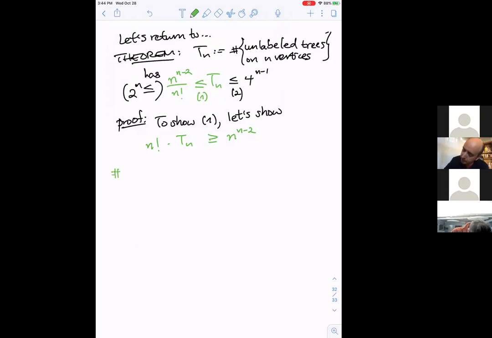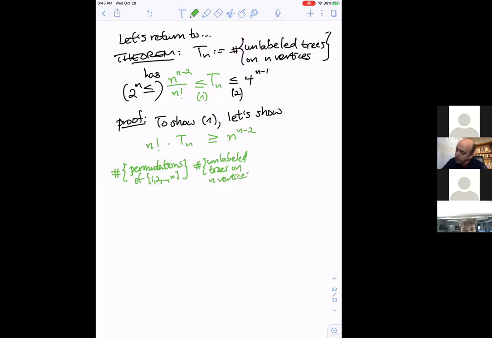Okay, and the way I'm going to show you this green assertion is, n factorial is the number of linear orderings of 1 through n, or let me write it this way, the number of permutations of 1 through n. And Tn is the number of unlabeled trees on n vertices.